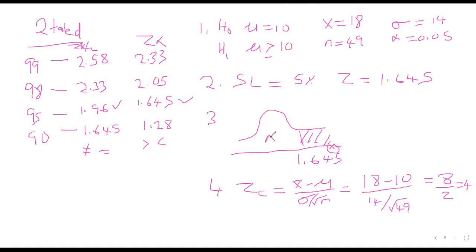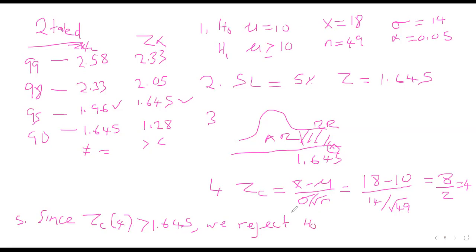So do we accept or reject? Yes, reject. Since our Z calculated, which is 4, is greater than 1.645, we reject H0 and conclude that there is a significant difference. So whenever there is a rejection, there's a significant difference that is happening.